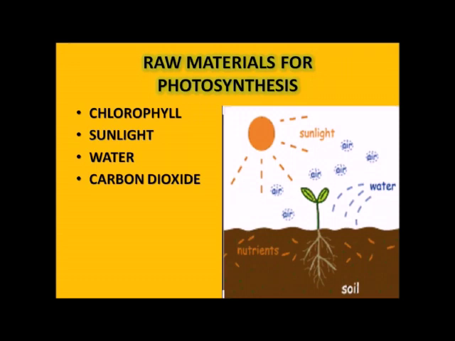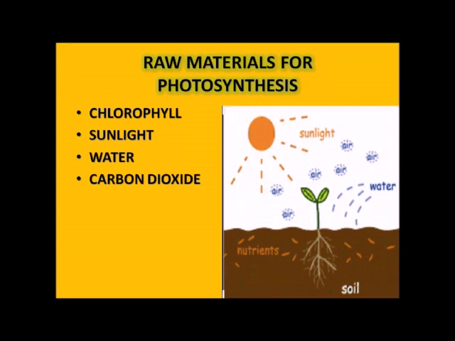So these are the raw materials required to prepare tea. Similarly, for plants to perform photosynthesis, they also need certain raw materials. So what are these raw materials? They are chlorophyll, which helps in absorbing sunlight, and then it helps in the process of preparing food.